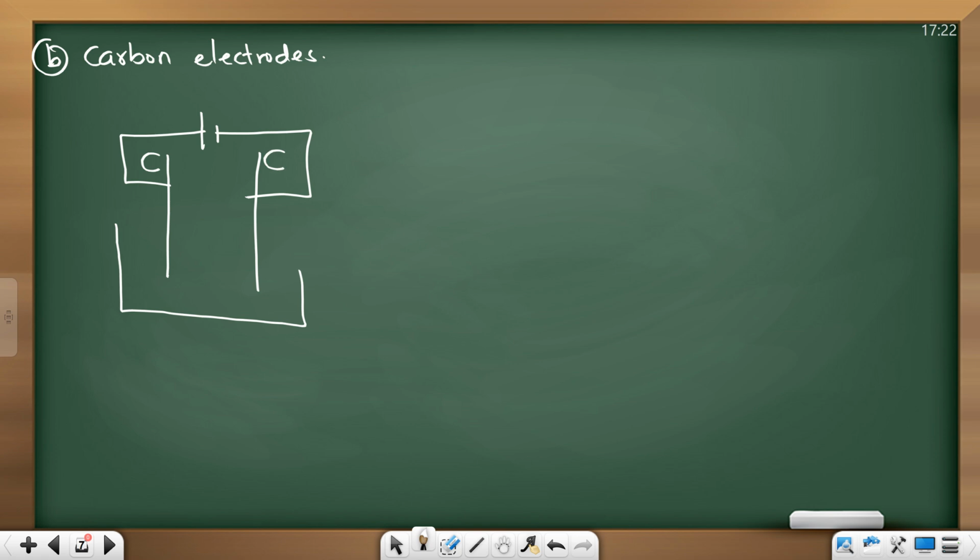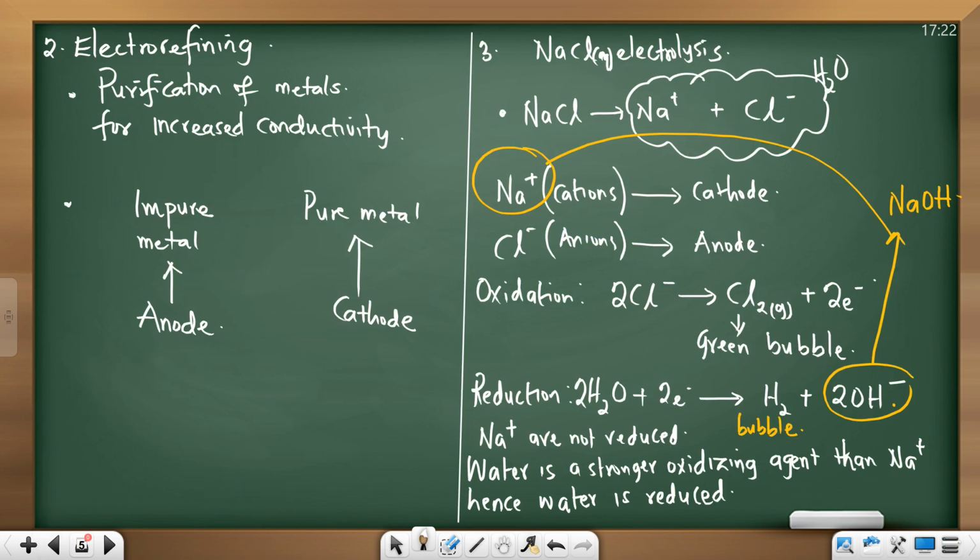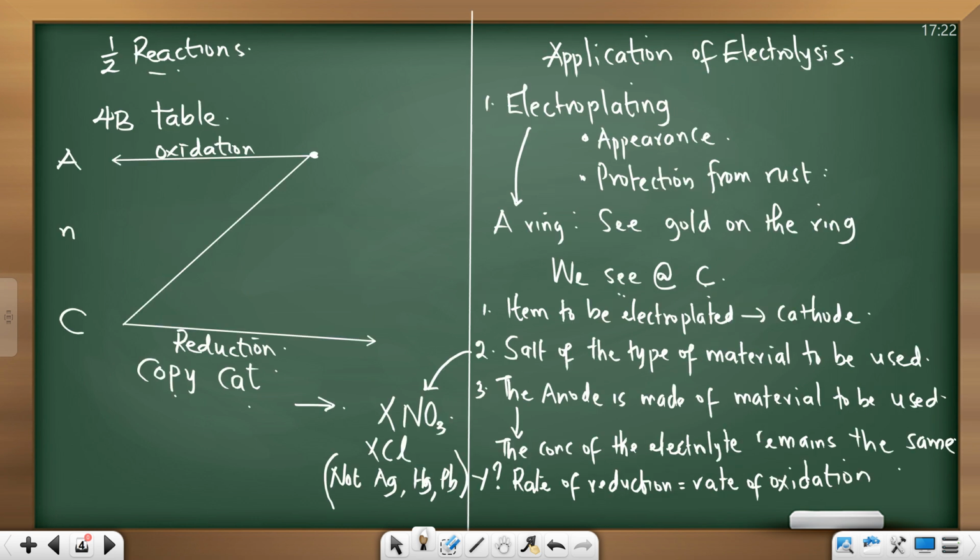Oh, I forgot something. Can I quickly deal with what I forgot? Let me go back. When we talk about electroplating, if I want to electroplate something that is not a metal, I'll put it in a bubble.